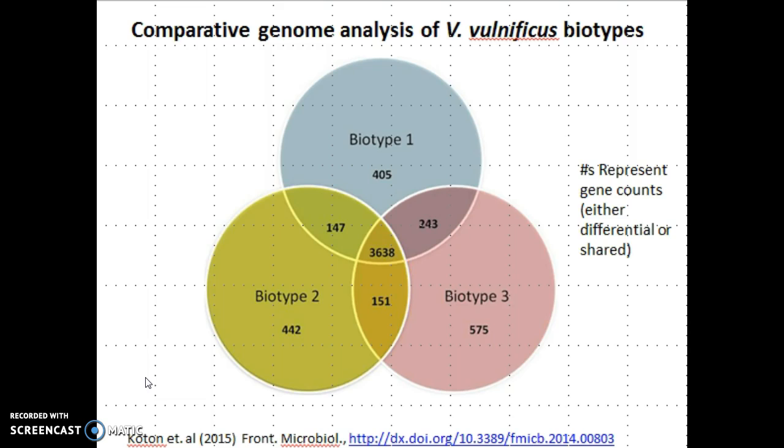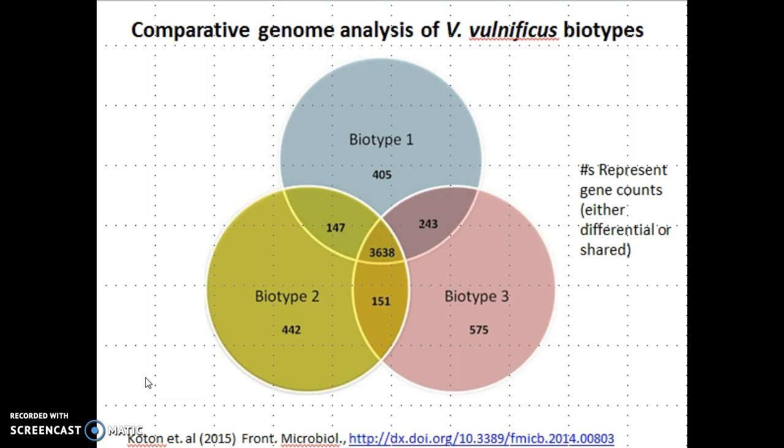The biotypes can be distinguished by looking for the presence or absence of certain alleles, and also by looking at how these organisms behave in the environment and potentially in human hosts. So the 3 biotypes are simply called biotype 1, 2, and 3.